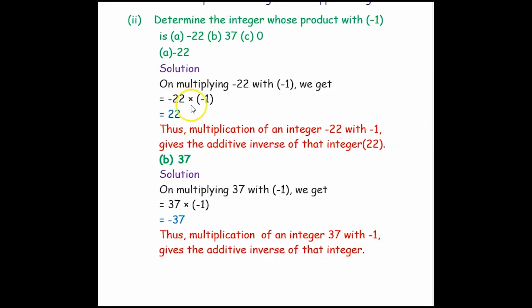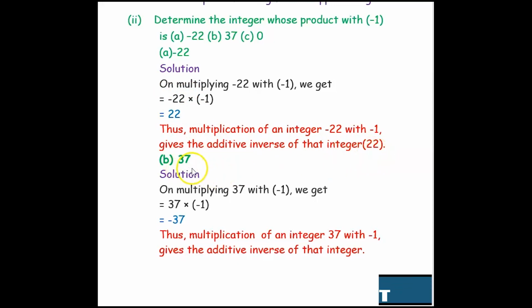So -22 times -1 is positive 22. Thus multiplication of the integer -22 with -1 gives the additive inverse of that integer, that is, the additive inverse of -22 is positive 22.